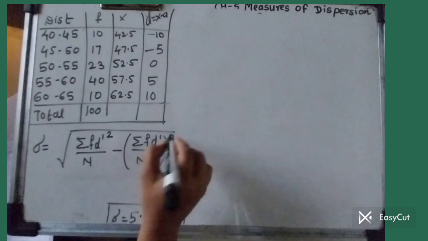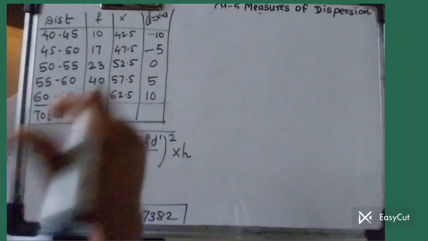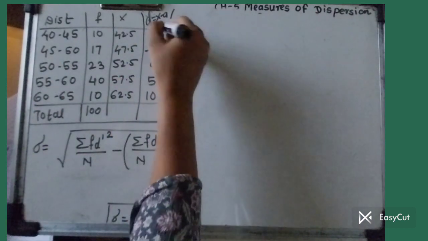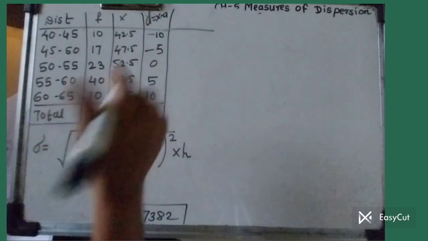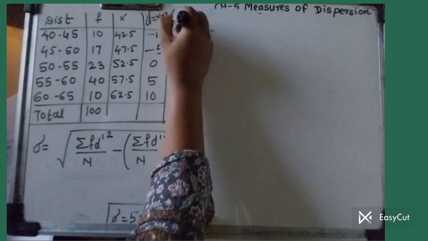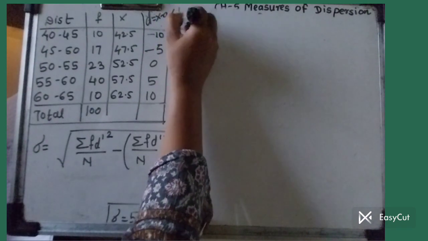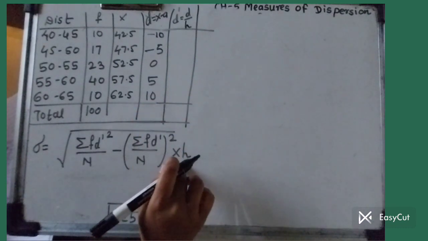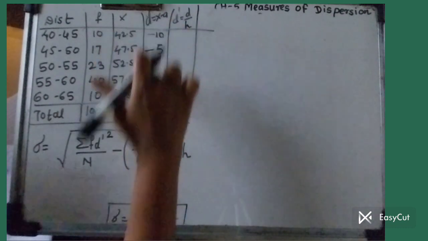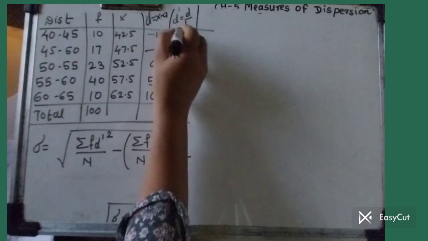Okay, see the formula, what we required, prepared in the table. We require d dash square. D dash is what? Step deviation. D dash equal to d upon h. h is 5, d is minus 10. D column is here. Minus 10 upon 5 is minus 2.